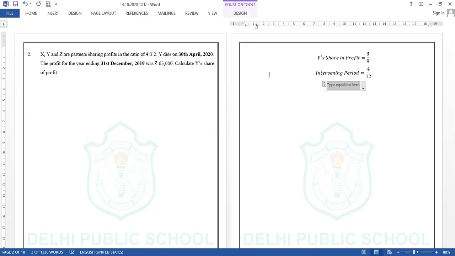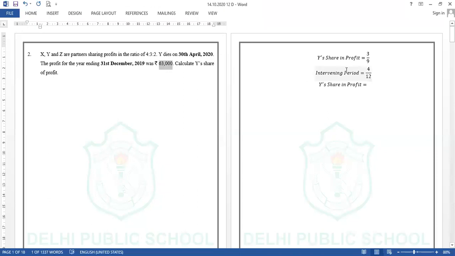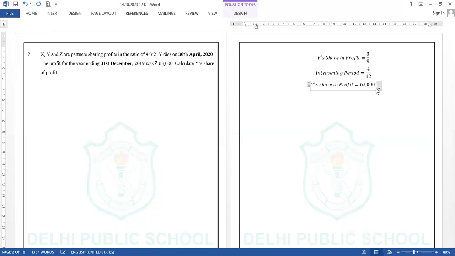Now we can calculate Y's share in profit. That's very simple. Y's share in profit will be equal to the profit of the last year, which is given as 63,000. This is the profit for the full year.